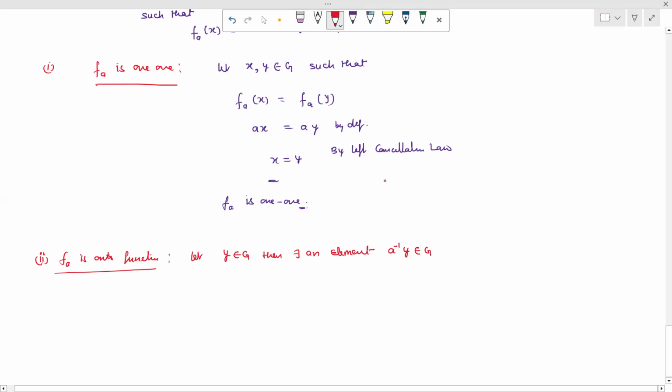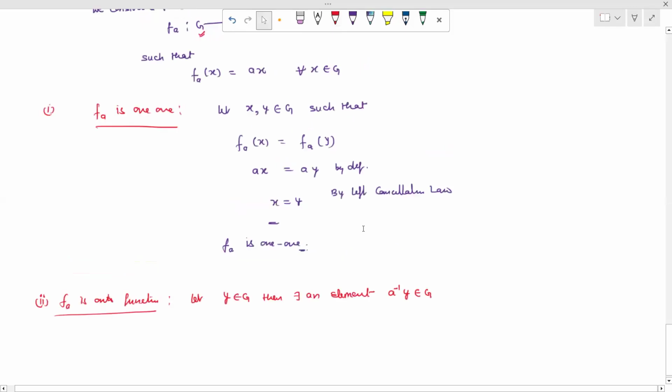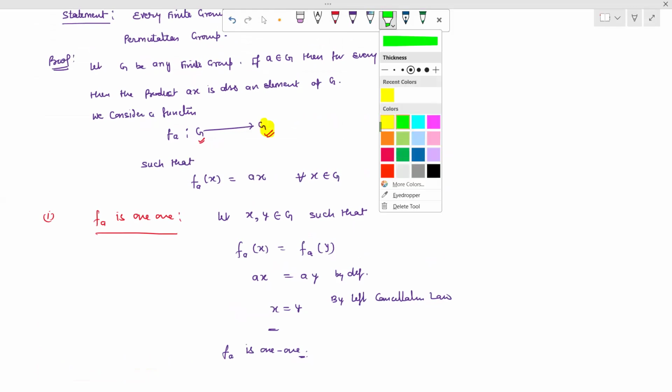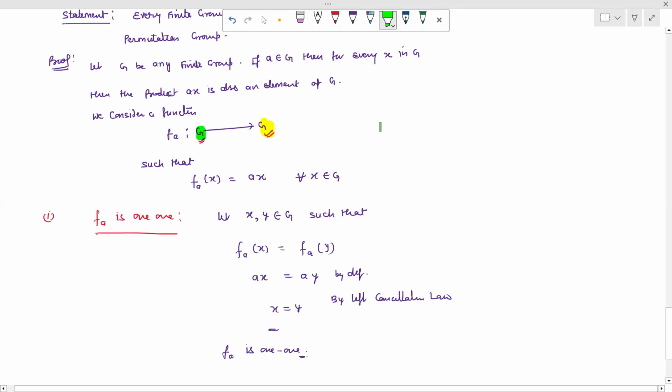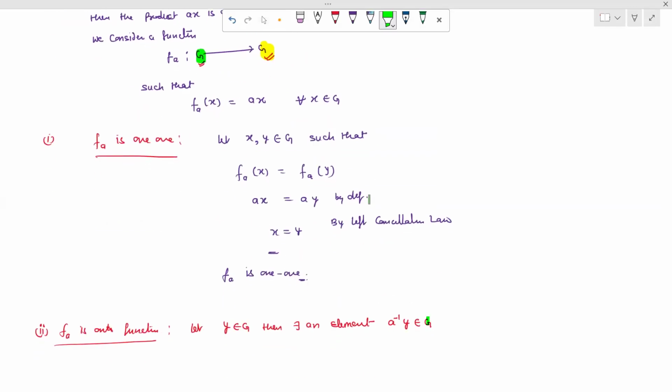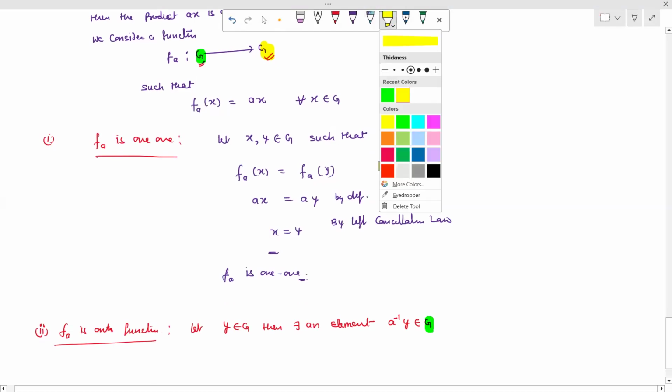So you can identify both G's. Here we take this as our G, and for the first one we write this one.